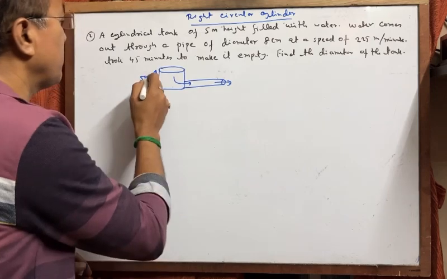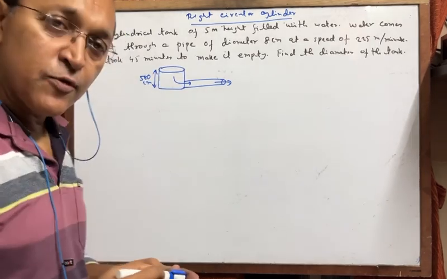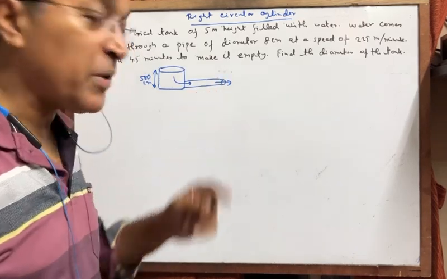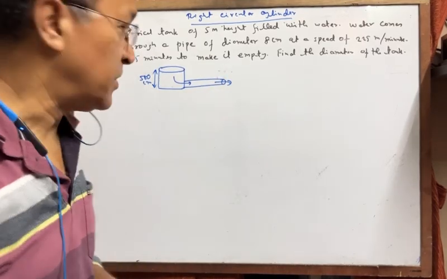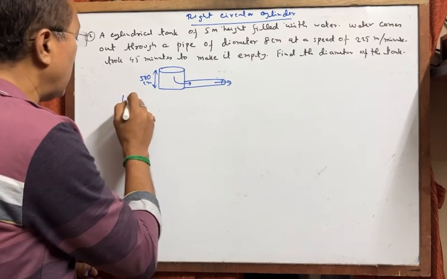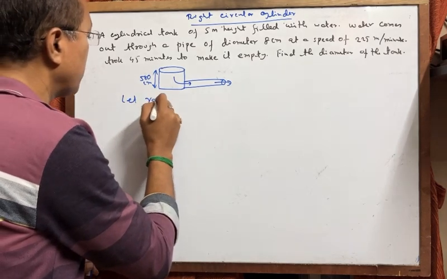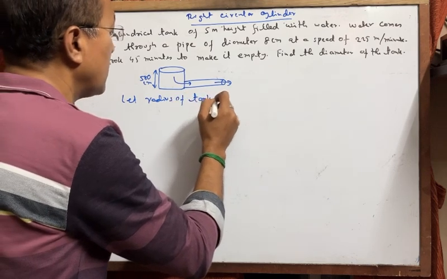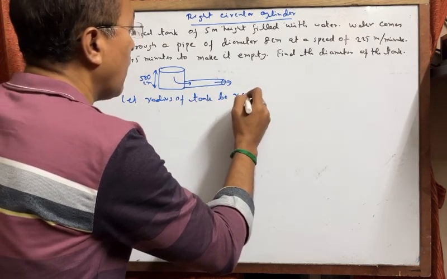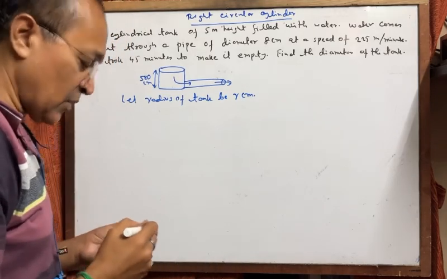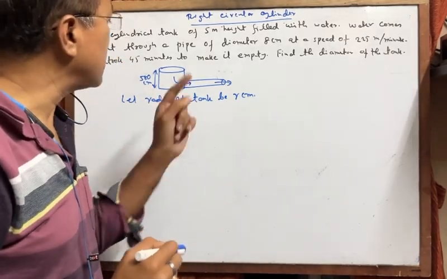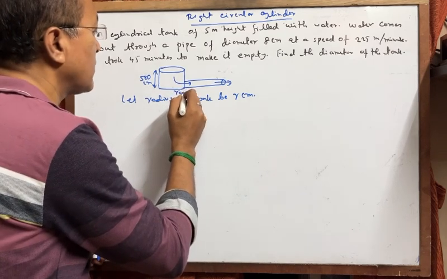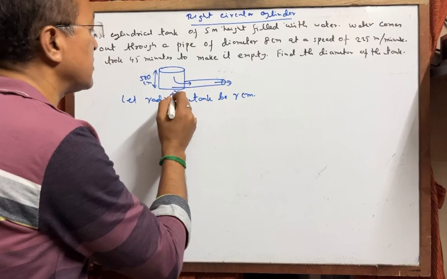If we convert all the units into centimeter, then height of tank becomes 500 centimeter. Now let radius of tank be r centimeter.